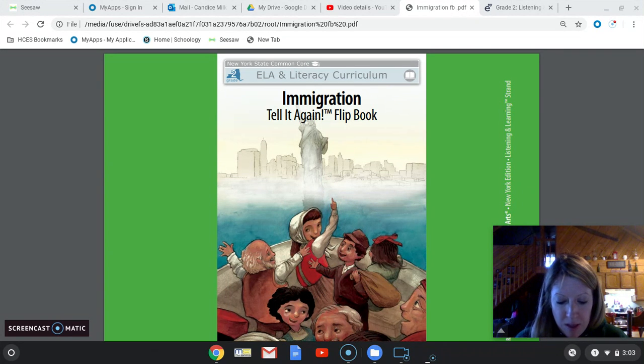Students will learn about the biggest wave of immigration to the United States, which occurred between 1880 and 1920. It's a total of 40 years. They will discover why people immigrated, what factors pushed them from their homelands and pulled them to the United States, and why many immigrants settled in particular cities or regions upon their arrival.